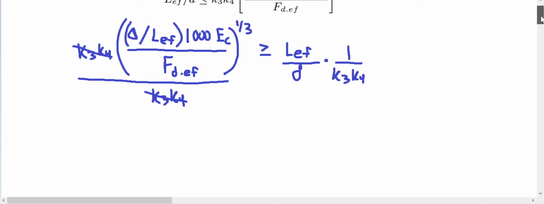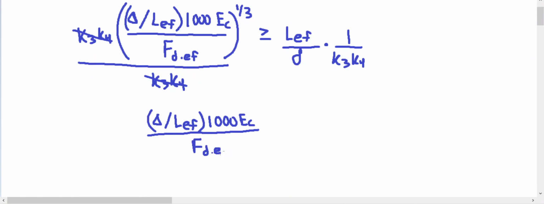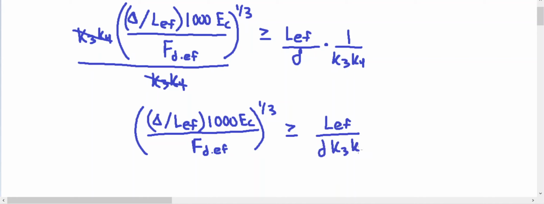And then going down a bit, we have delta divided by L sub EF times 1000 E sub C all over this F sub D dot EF term. This is all contained in the 1/3 power quantity, still greater than or equal to L sub EF over D times K3, K4.